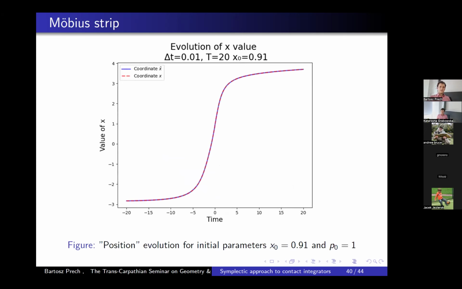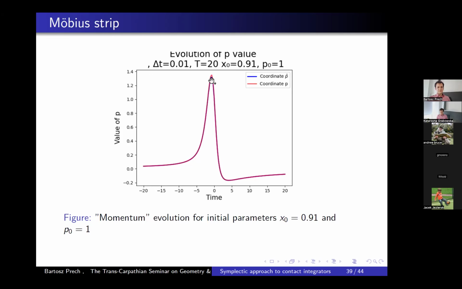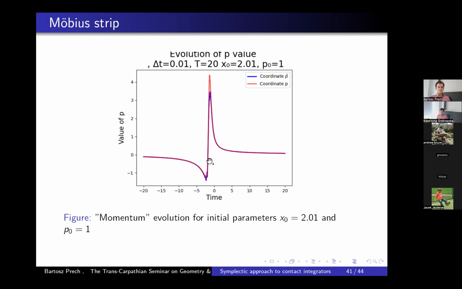And here it may be visible better how the x coordinate behaves. This time we don't see any discrepancies. That's because there's no division by t in the x algorithm. I think it only occurs in p. So that's why we have some differences here, and they are even more visible here.